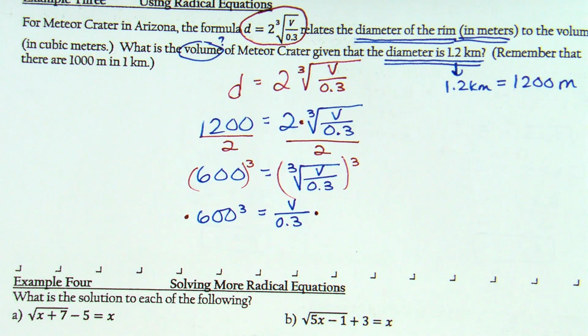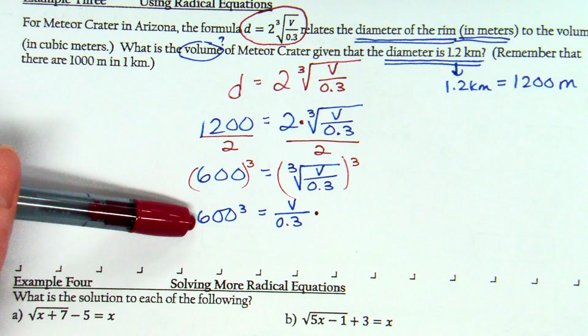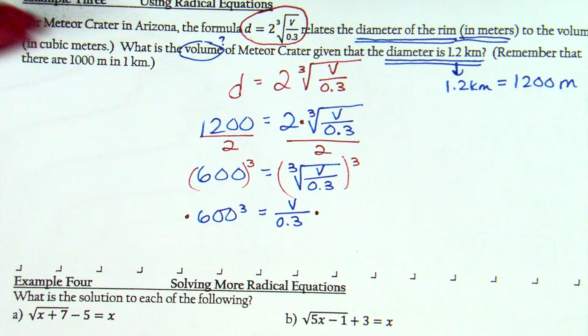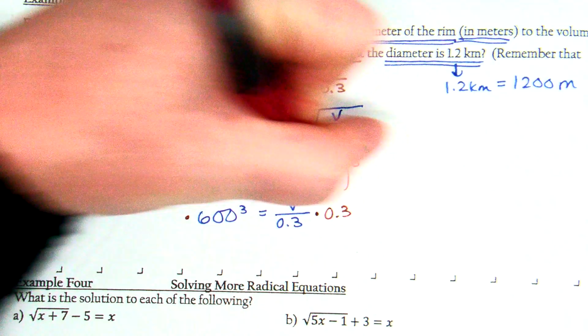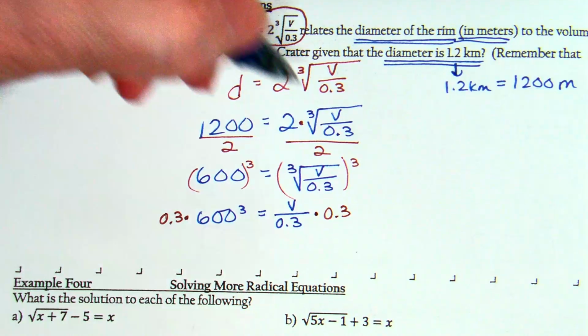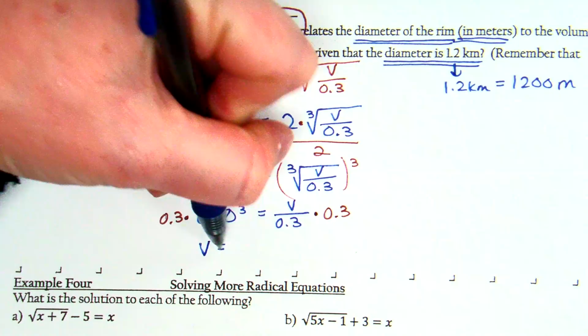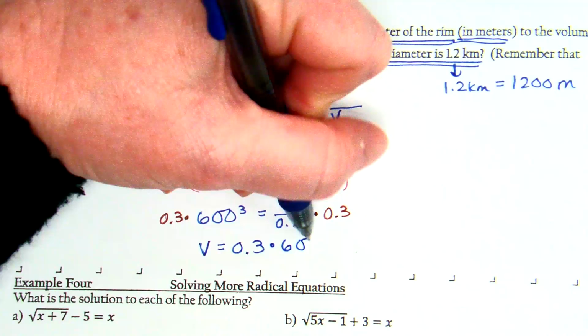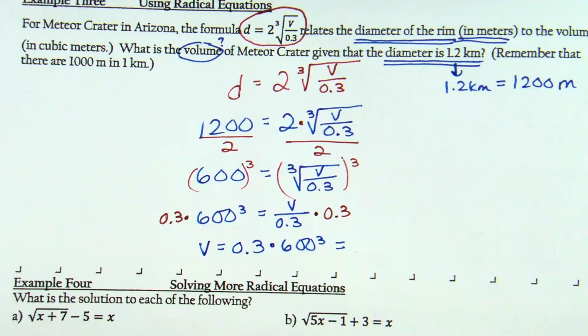Okay, 600 to the third equals V over 0.3, because when you cube that cube root, they cancel. If it's V divided by 0.3, multiply by 0.3. And the 0.3's cancel. And so V is going to be equal to 0.3 times 600 cubed, which I will now use my calculator for. The one time I'm using my calculator.